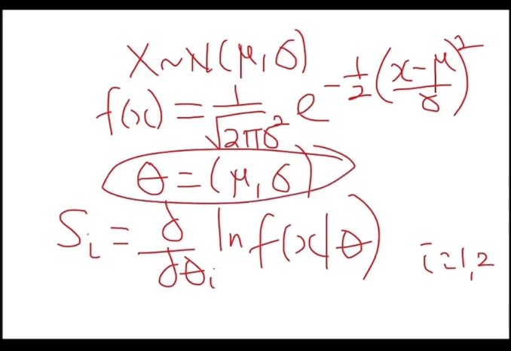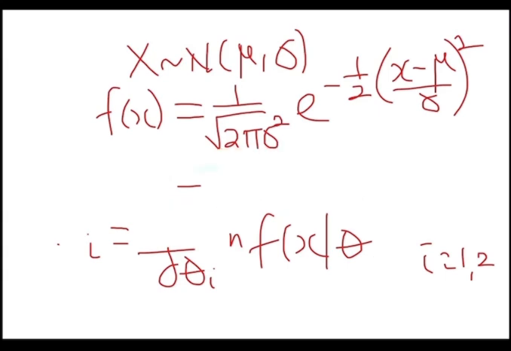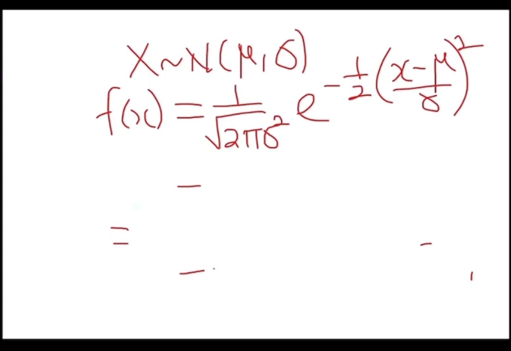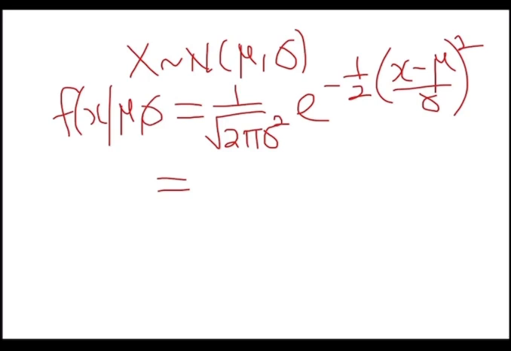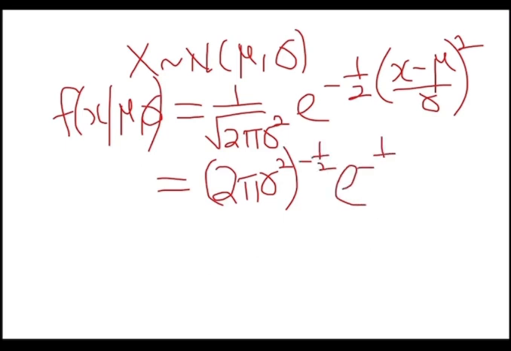Now the next thing I'm going to do is rewrite the distribution. f of x given mu and sigma is 2 pi sigma squared raised to power minus half, exponential raised to power x minus mu.